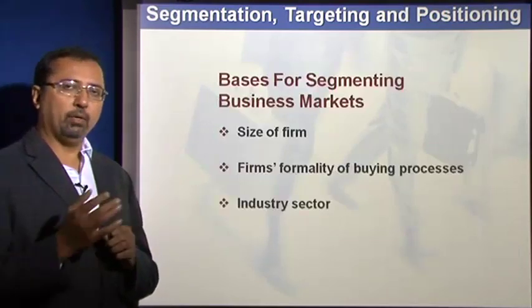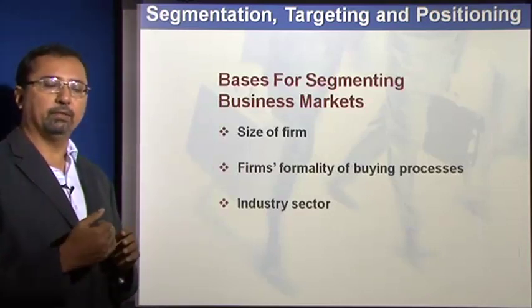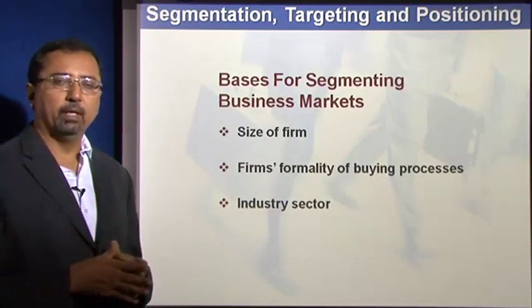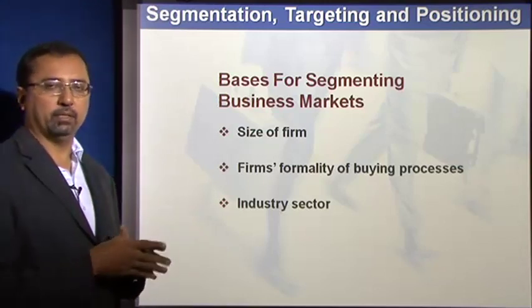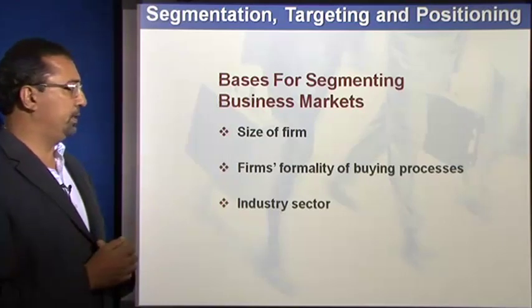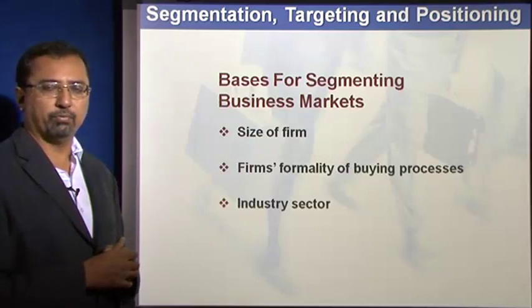So a lot of people tend to use things like size of the firm. The size of the firm can again be measured in different ways: the number of employees, the revenues that it has, the number of manufacturing locations, and so forth. But the key thing would be revenues and number of employees. Second is how its buying processes work. How formalized is it?